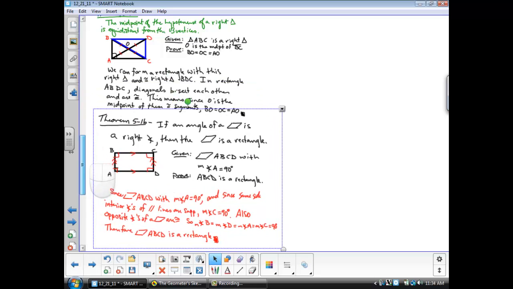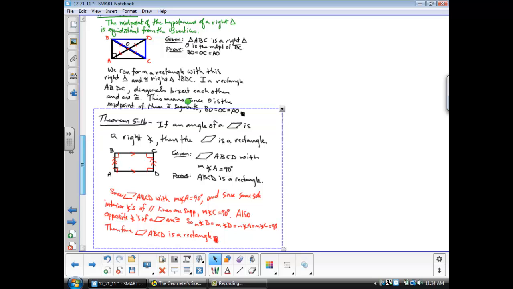Our last theorem here is theorem 5.17, which tells us how you prove that a parallelogram is a rhombus. We know by definition, if you can say that all the sides are equal in the parallelogram, then it is a rhombus. All four sides equal.